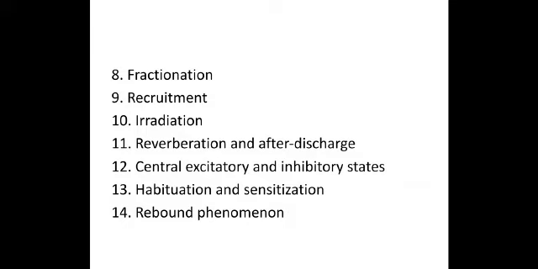And what is irradiation? If a sensory stimulus is too strong, the impulse spreads onto many neighboring neurons in the center and produces a wider response. This is irradiation. For instance, a weak pin prick on the finger will produce a reflex movement of that finger only.